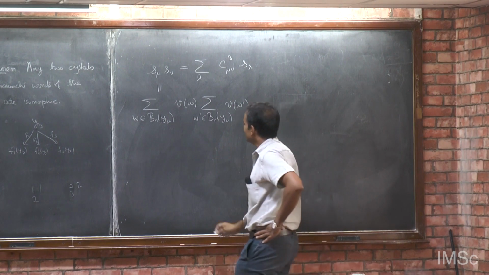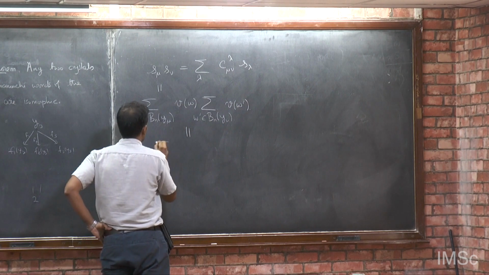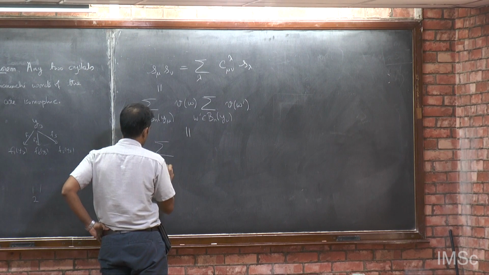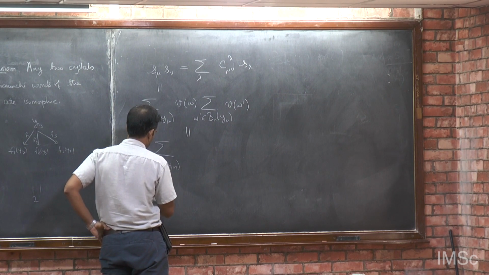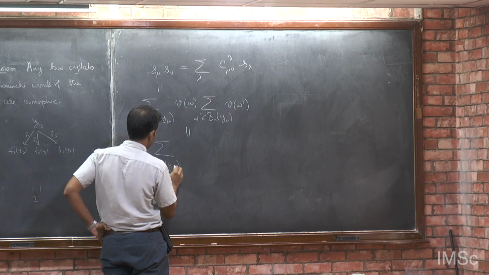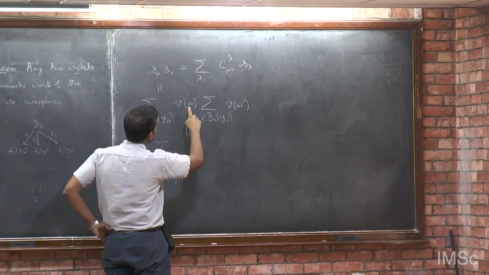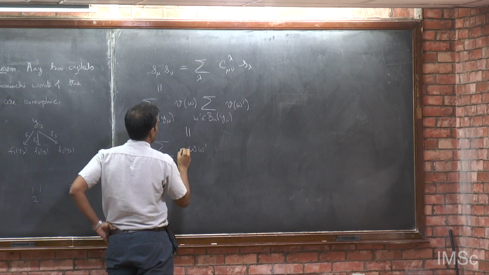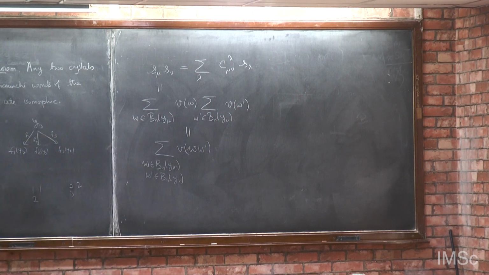So I can rewrite this, and then I can just concatenate these words. And the weight of the concatenation is the product of the weights, the way I wrote the weights as monomials.